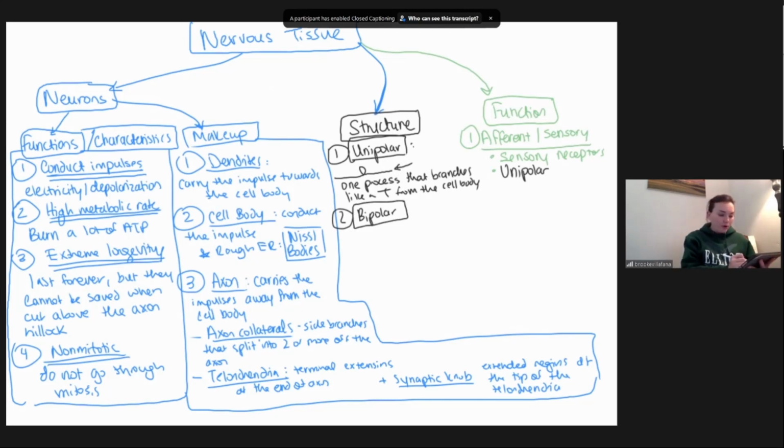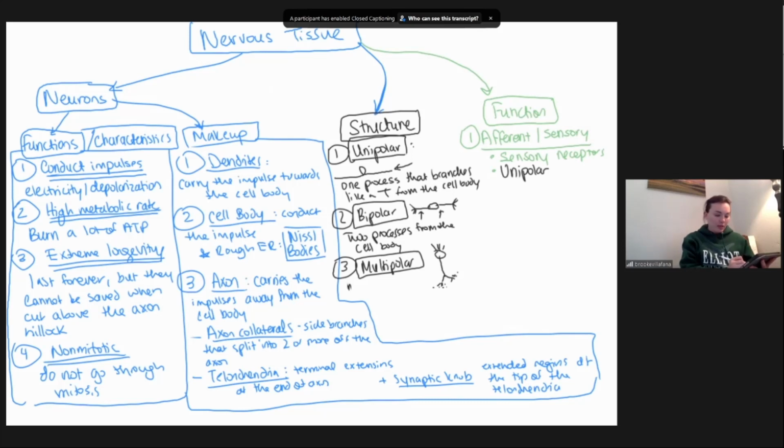The bipolar neuron kind of looks like this, kind of like a candy wrapper. It has two processes from the cell body. So again, that would be this one and this one versus the one process for unipolar. Lastly, multipolar according to structure is the type of neuron you guys are used to seeing, those telodendria, synaptic knob.